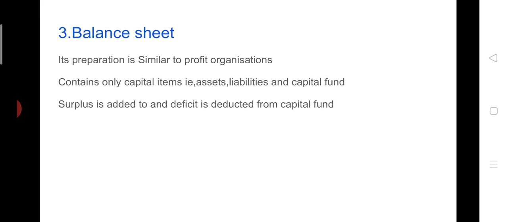From today's class, I hope you have understood the meaning of NPO and the features of NPO. You will be able to write some examples of NPO, and some of the accounting records prepared: the receipts and payments account, its nature, then the income and expenditure account, its nature, what type of items come in both of these accounts, and also the balance sheet.